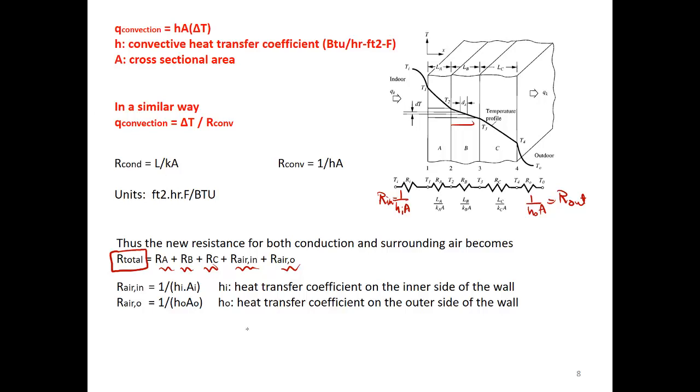Okay, so the final equation becomes delta T over R total, which can have both conduction and convection inside it.